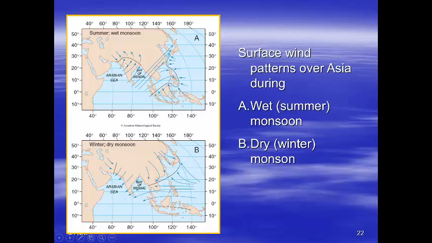So in the summer we get this wet monsoon, and these winds carry in warm, moist winds off of the Arabian Sea.